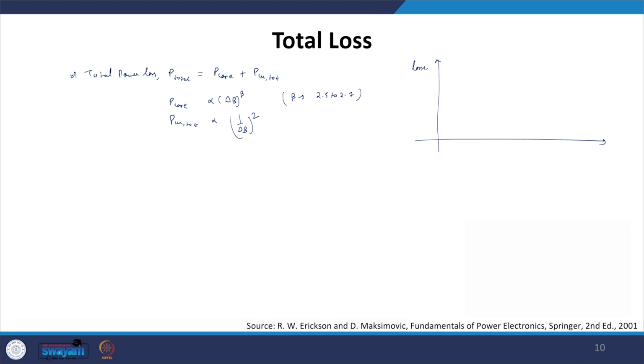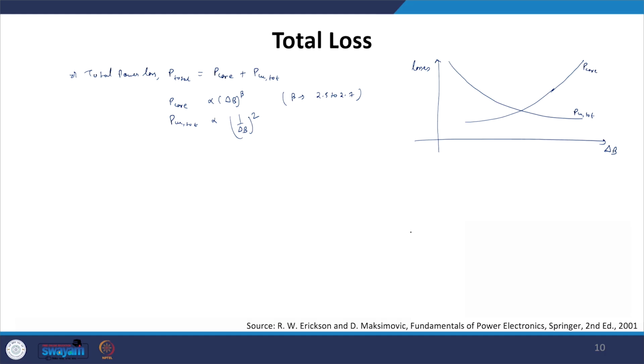losses with respect to delta B, or with respect to the peak value of AC flux density, what we will see is that our P CU total, the total copper loss, is reducing with delta B with the variation 1 by delta B square, while on the other hand our P core is increasing with increasing value of the AC flux density.